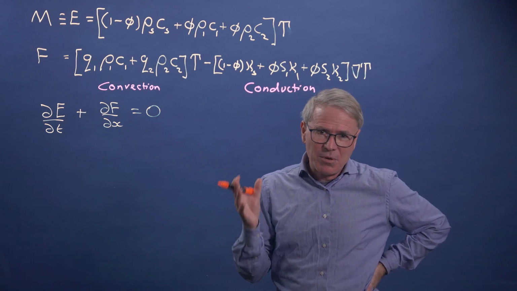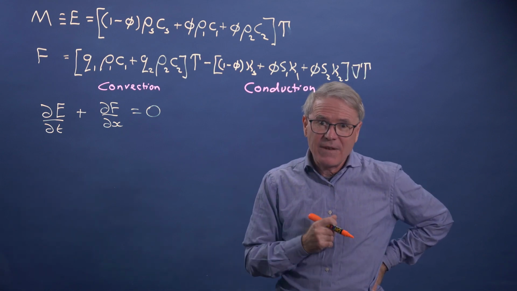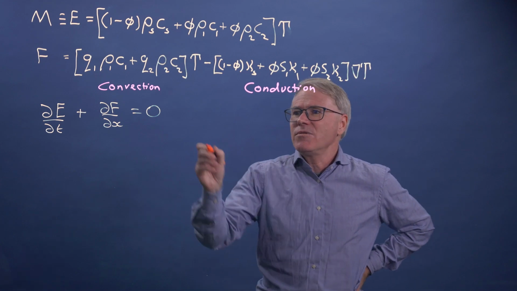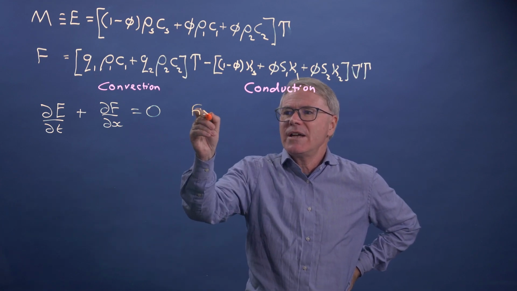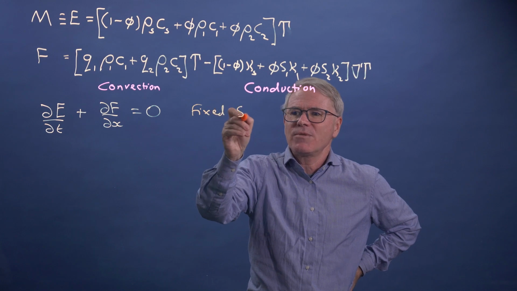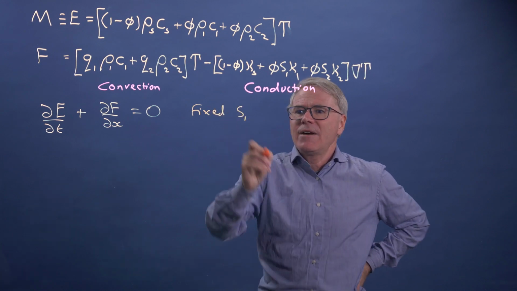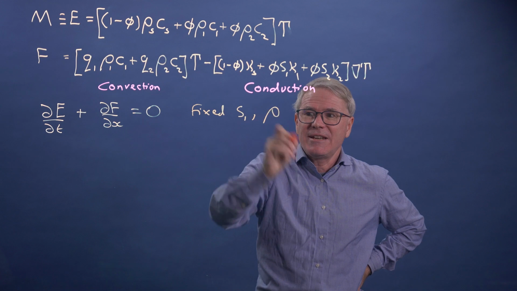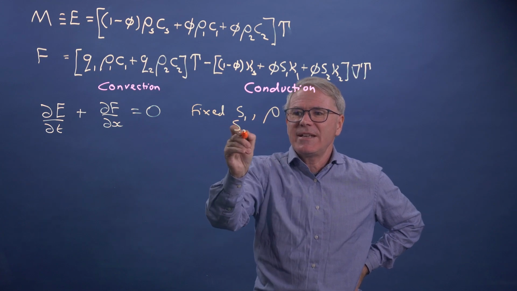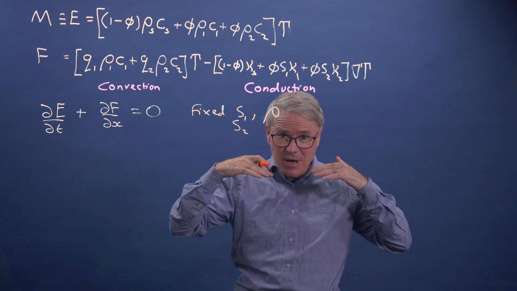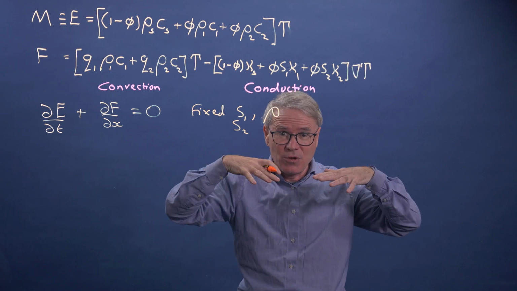So for this example, just so that we can show the effect of heat transport, I'm going to assume that we actually have fixed saturations, okay? And we also have fixed densities. So S1 and S2 stay the same. So let's imagine it's steady state flow. So we have the two phases flowing.